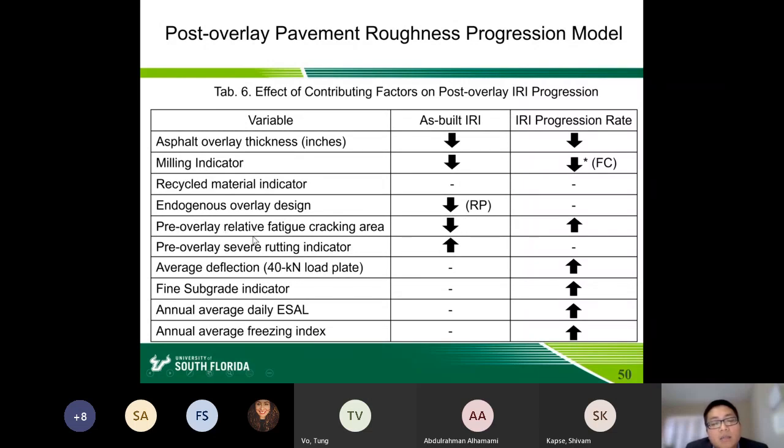Pre-overlay or existing pavement distresses also have significant effects on as-built roughness. Also, pavement structure deflection, subgrade type, traffic volume, and climate factors are all found to increase the IRI progression rate.